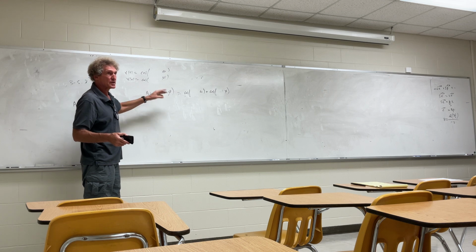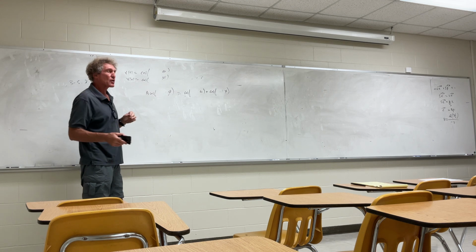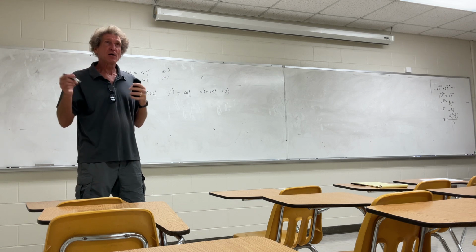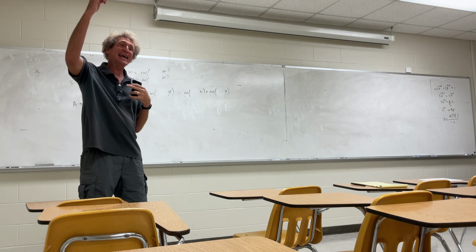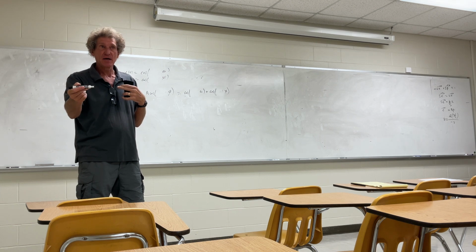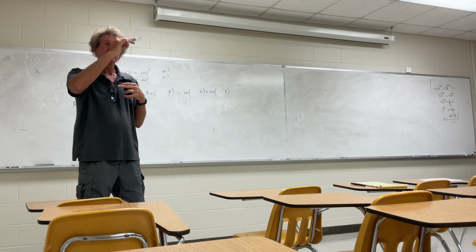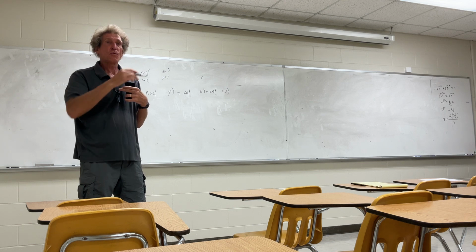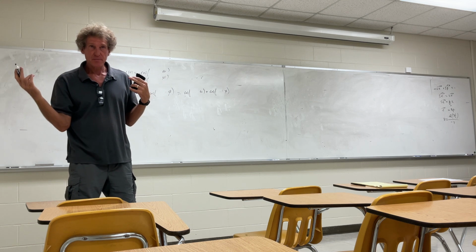Think in terms of a complex number. Remember, A cosine of phi is the projection of A e to the j phi on the x-axis, think of it that way. And A times the sine of phi would be the projection on the vertical or y-axis. Do y'all follow me on this? You know what I'm talking about?